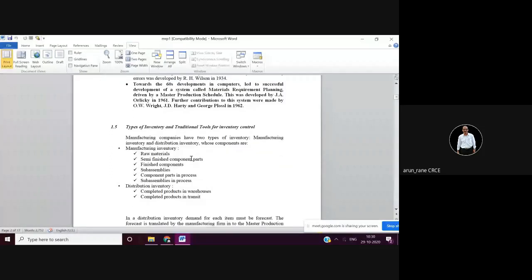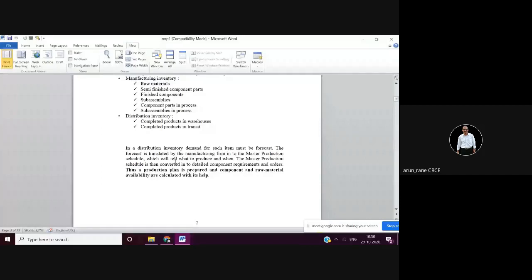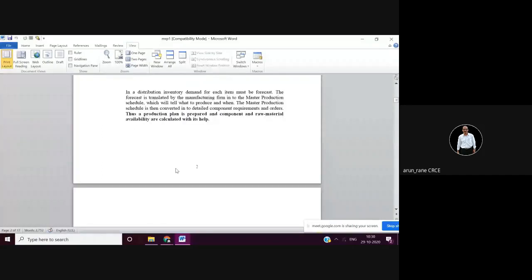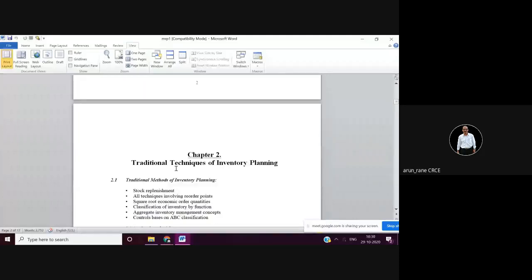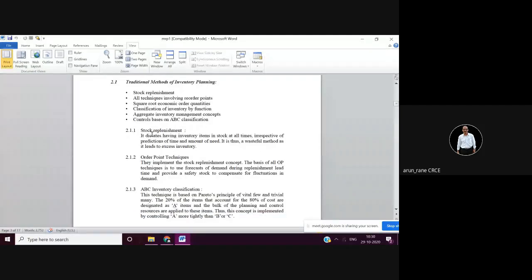Then there are types of inventory which we discuss, that is manufacturing inventory, distribution inventory. I'll just skip through this. Then what are the traditional methods of inventory planning? Stock replenishment, order point techniques, ABC.